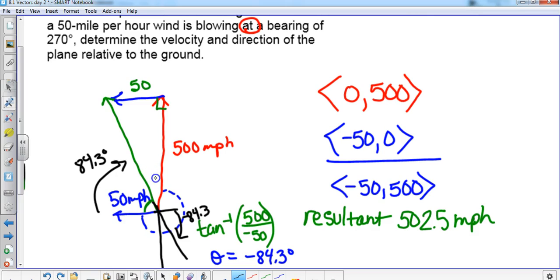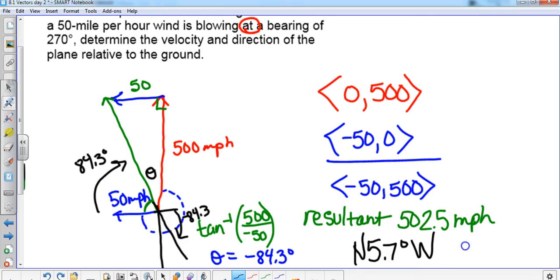Off of west? You can. Actually, I want to know how far it's blowing it off, because the plane thinks it was going this way. So could you just subtract from 90 for me? Is it 5.7? So it's blowing the plane 5.7 degrees off of north. 5.7 degrees off of north towards the west, right?